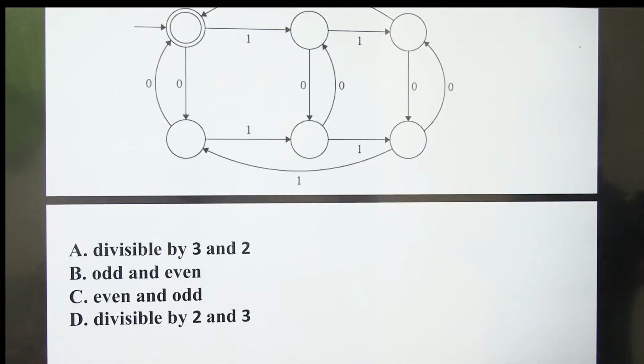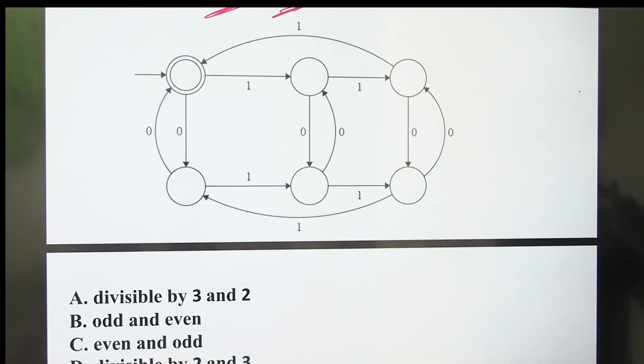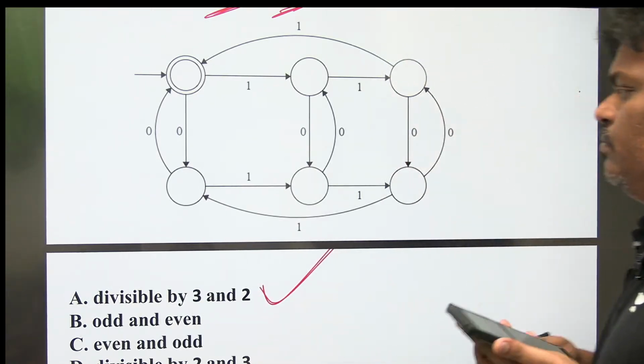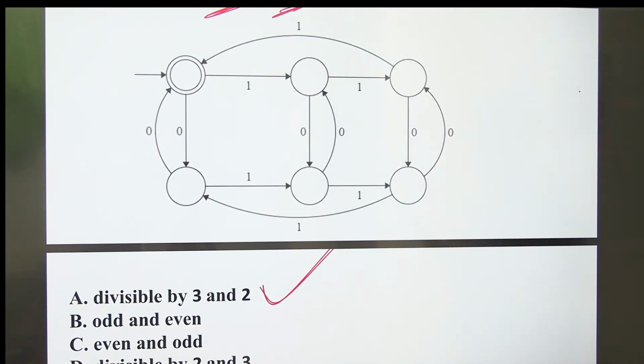Answer is option A. Verify. Number of ones divisible by 3, number of zeros divisible by 2. If you want, you can give 2 zeros, 4 zeros, 6 zeros, 8 zeros.